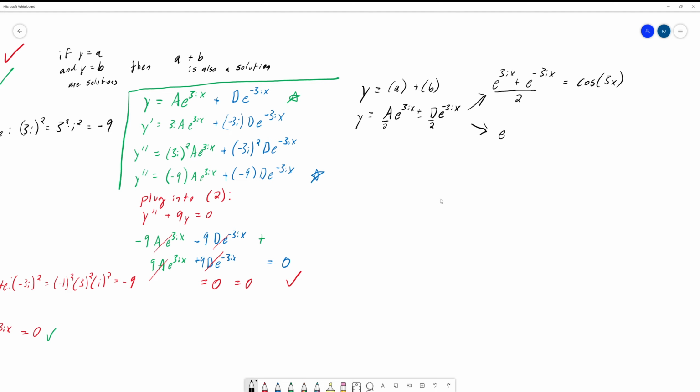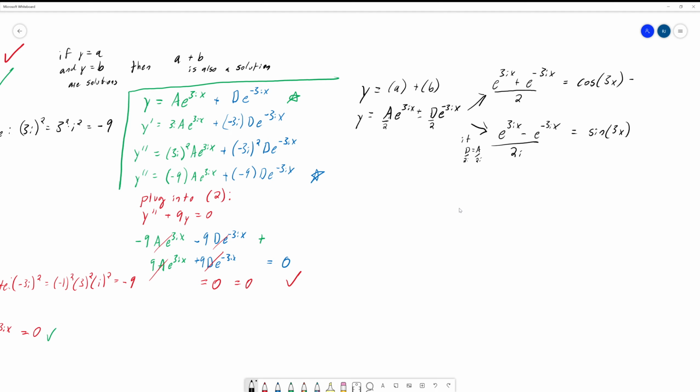Or if you had this solution, this is going to equal sine of 3x if you divide by 2i, which you can do because there's no constraints on what a and d are, so you can choose them to be whatever you like.